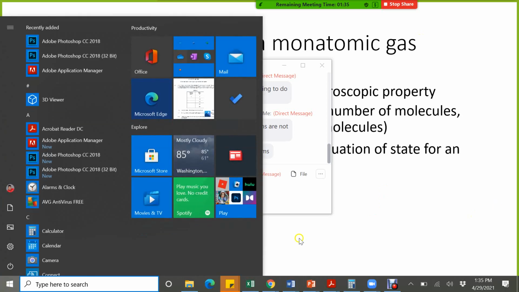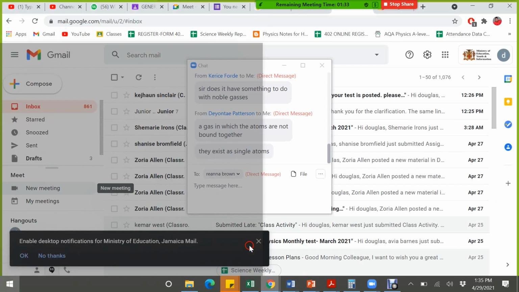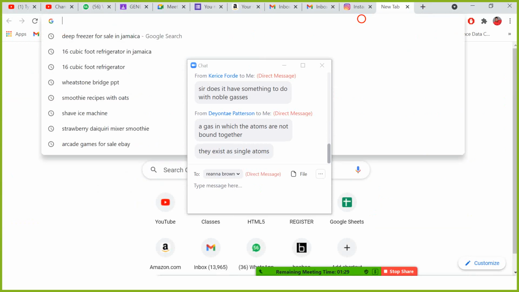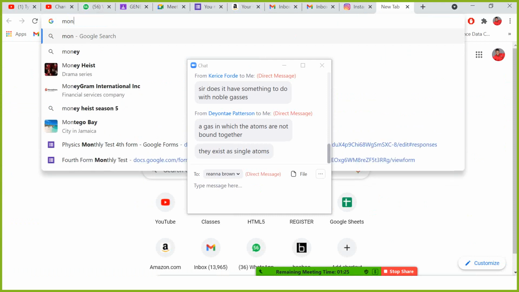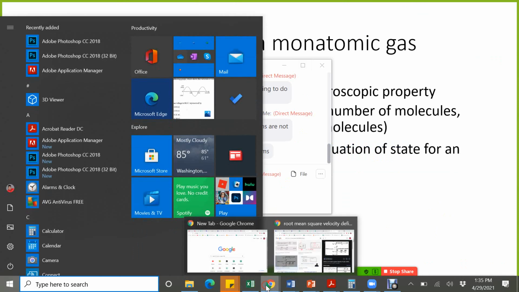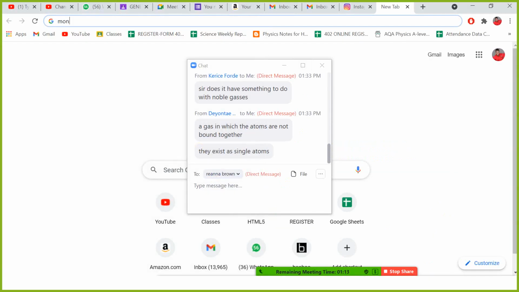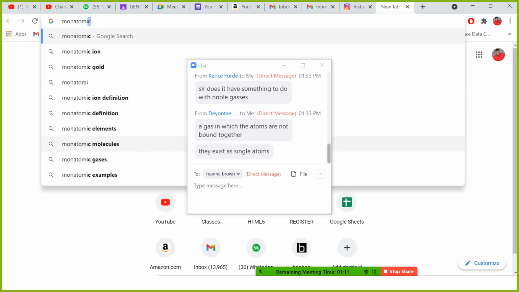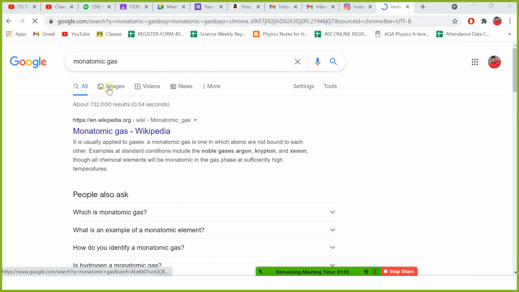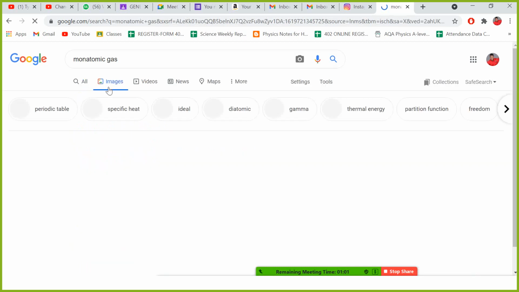So let's just look at it quickly here. So yes, it's one single atom that makes up the gas, but it is bonded with another. Monochromatic. Is it mono? What did I say about it? Monoatomic, right?